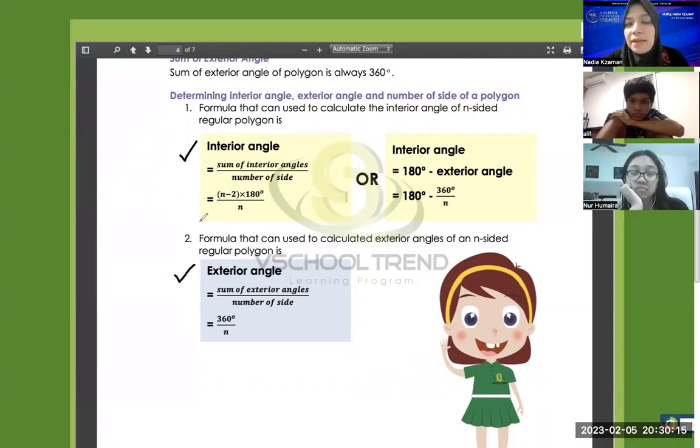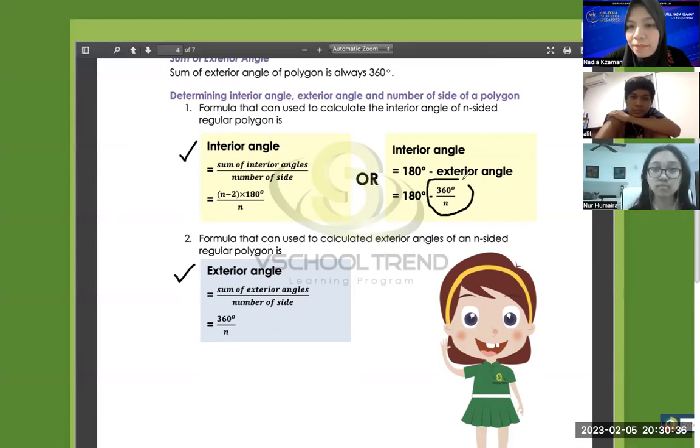So you get the interior angle. The sum of interior angles, the formula you get just now, is n minus 2 times 180 divided by n. Or you can also say that an interior angle is 180 minus exterior angle, which is 360 divided by n. So I think this one is much easier for you to remember.